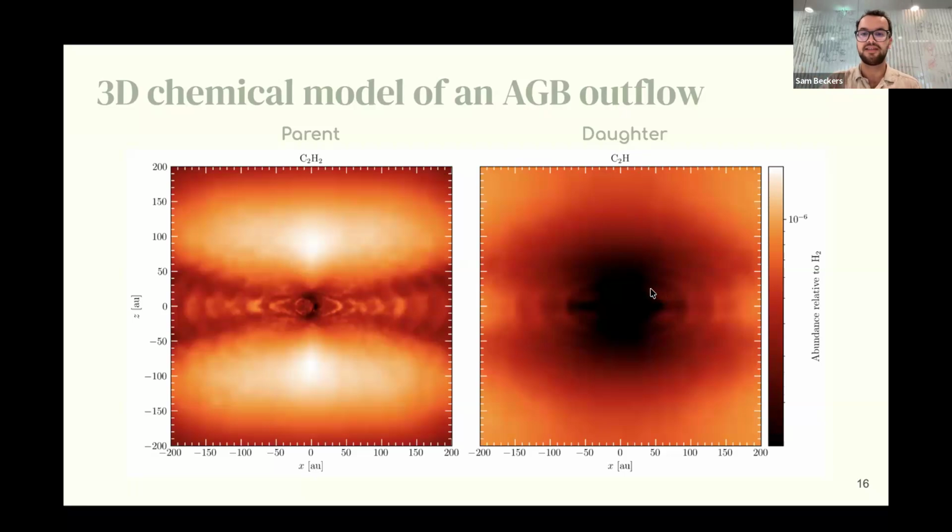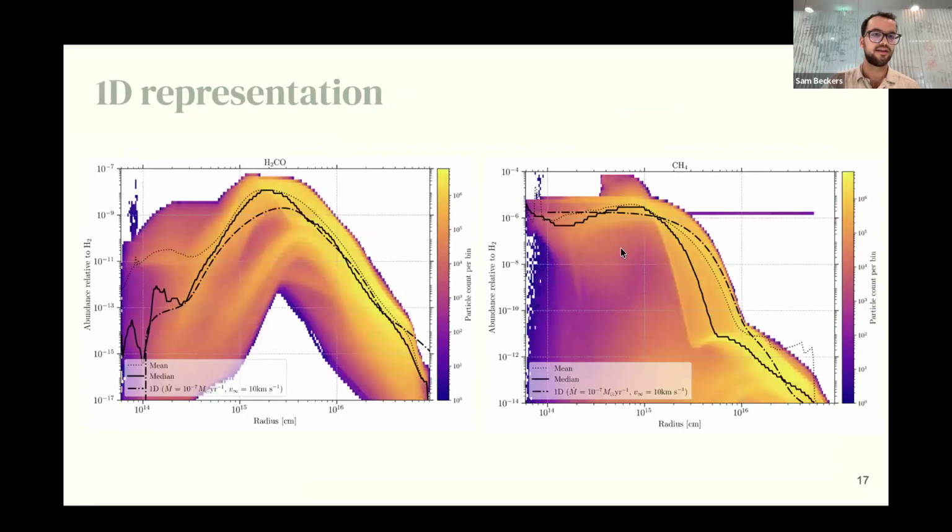But C2H doesn't have an initial abundance and only forms when the parent photodissociates. So you see here that it only forms in the outer outflow, which is exactly what we expected. So that's really nice.